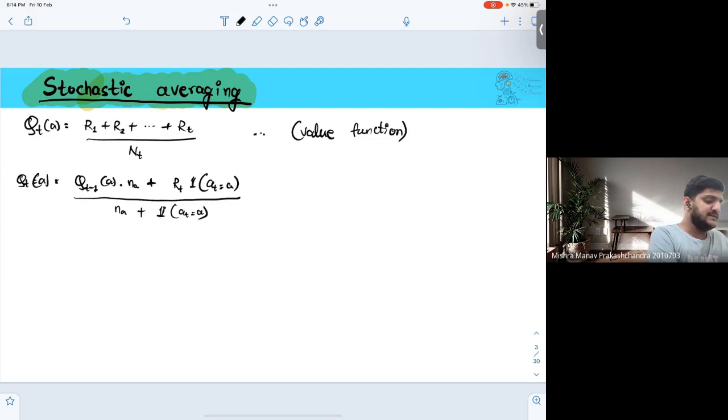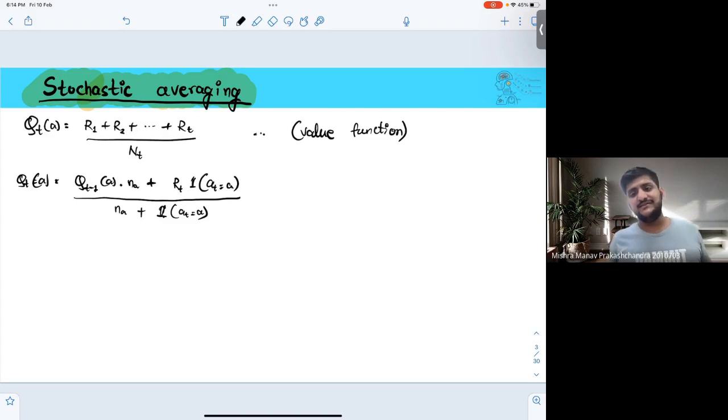So what it tells me is all I'm doing is whatever was the Q value that I had at time t minus 1, I'm multiplying it with the number of times that particular arm has been pulled. So that gives me basically R1, R2, till R of t minus 1. Then I add in R of t if arm A has been pulled at time t, and then I divide it by NA plus 1. Okay, so I'm just doing an incremental addition.